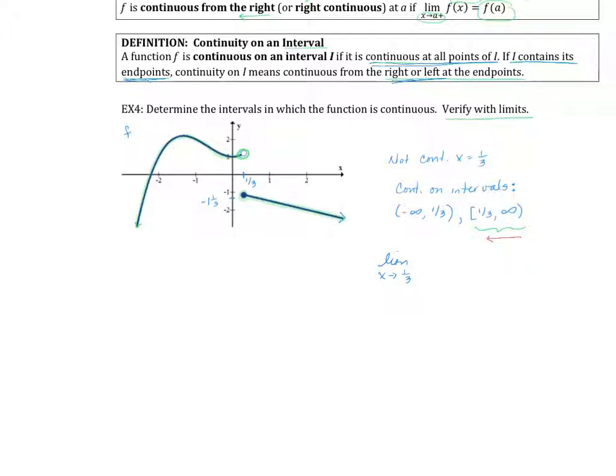Okay? From the right. So it's a plus. So as x approaches 1/3 from the right, the limit looks like it's going to be -1 and 1/3.